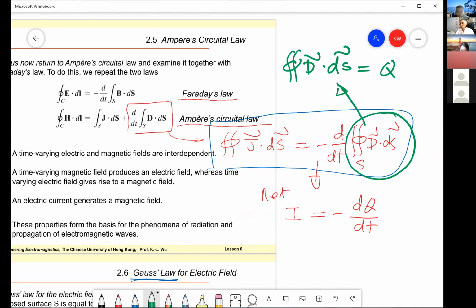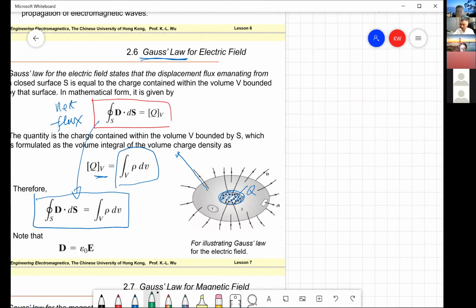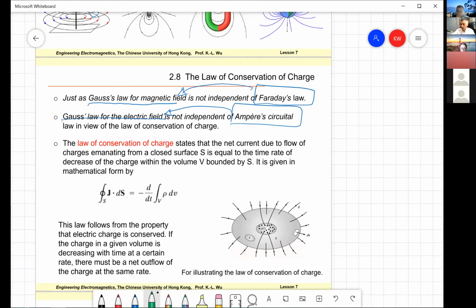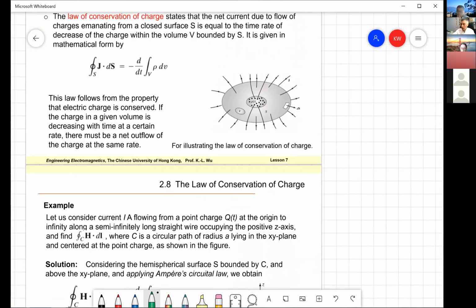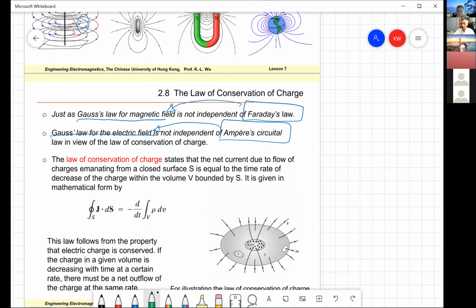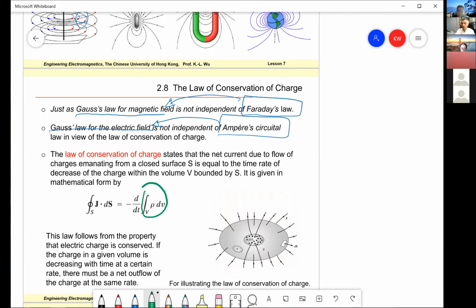So therefore this relation we can write in this way, the total charge. So if we consider this, not surprisingly, this is the total Q. So we give it a name, we call this the conservation of charge.